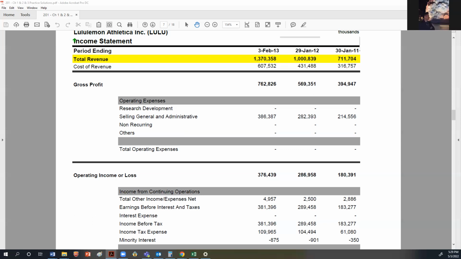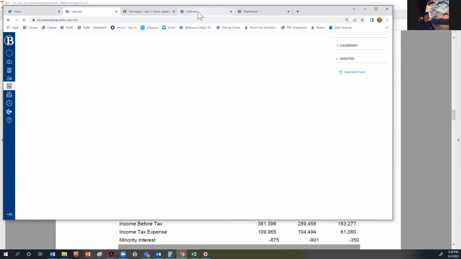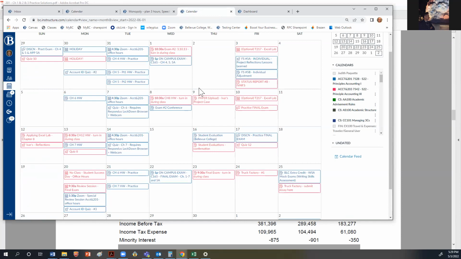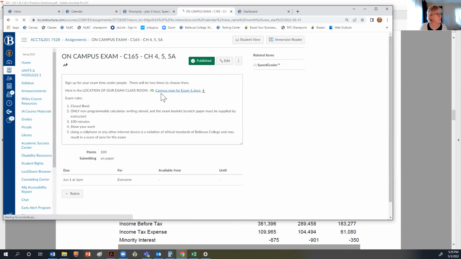Oh, what was the room for the test? Okay, let's go look at that. The room for the test is going to be, what I see on the Canvas is C165. That's correct. And there's a campus map here. Can you see my Canvas page here, Joe? Yeah.